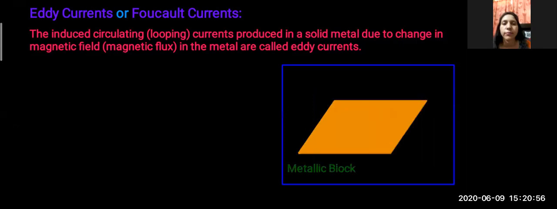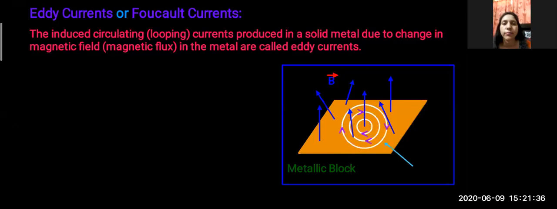So let's see this figure. In this figure, you can see there is a metallic block and a magnetic field in this direction. When we move a metal plate out of a magnetic field, the relative motion of the field and the conductor again induces a current in the conductor. The conduction electrons making up the induced current whirl about within the plate as if they were caught in an eddy of water. This is called eddy current.